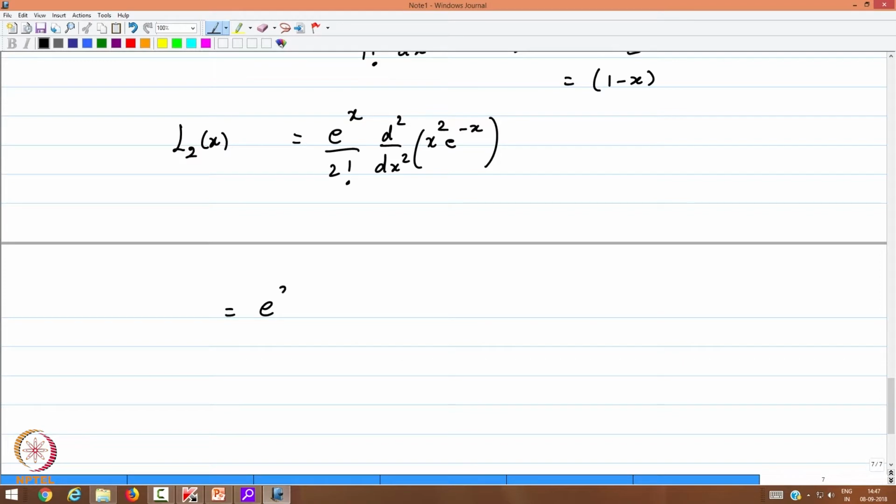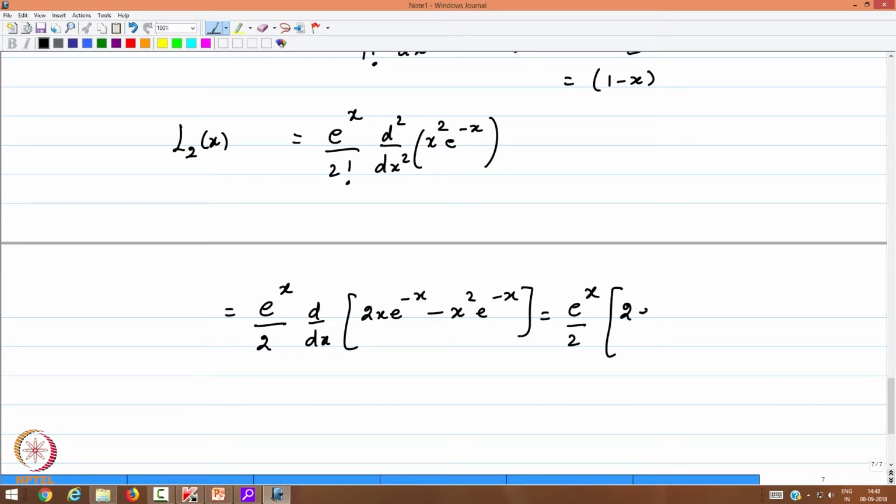So it is e^x by 2, d by dx of 2x e^(-x) minus x squared e^(-x). Taking one more derivative, e^x by 2 times 2e^(-x) minus 2x e^(-x), that is all from here, and then from the other term, plus x squared e^(-x) minus 2x e^(-x).